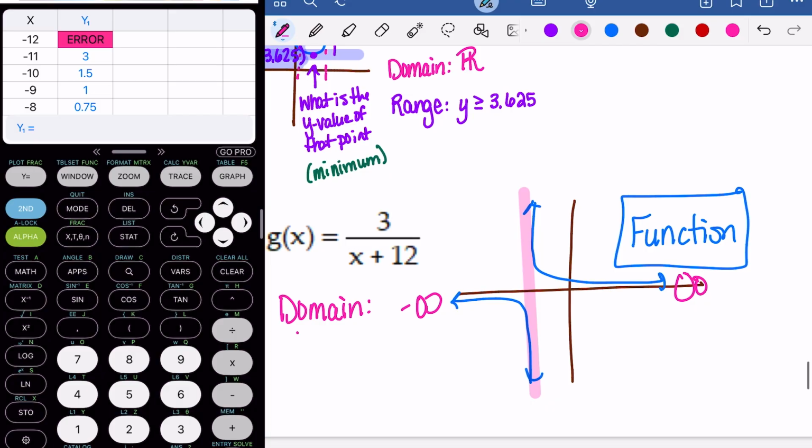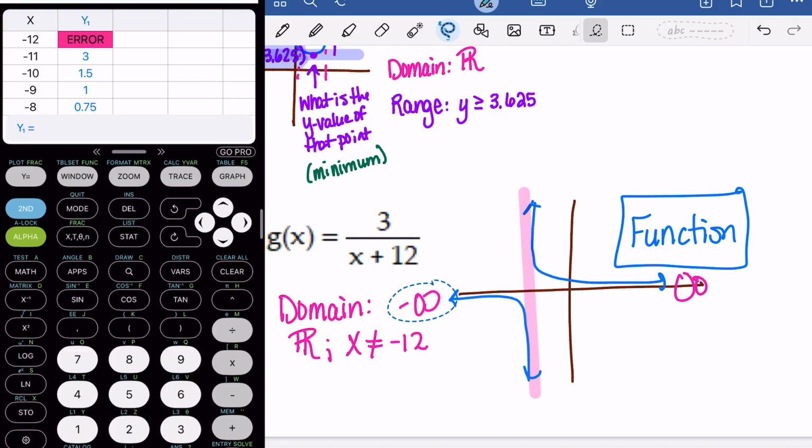So the way you write that is all real numbers, and then I'm going to put a little semicolon, but I'm going to say that x cannot, so not equal to, negative 12. And that's my domain.